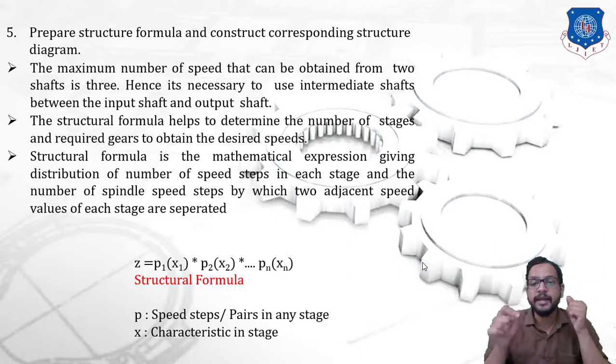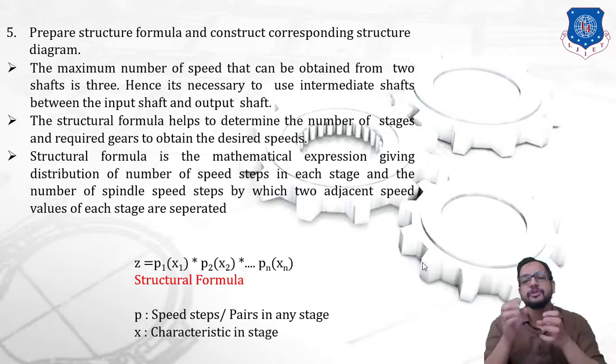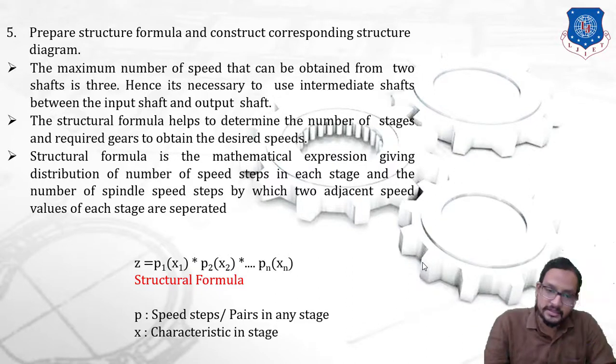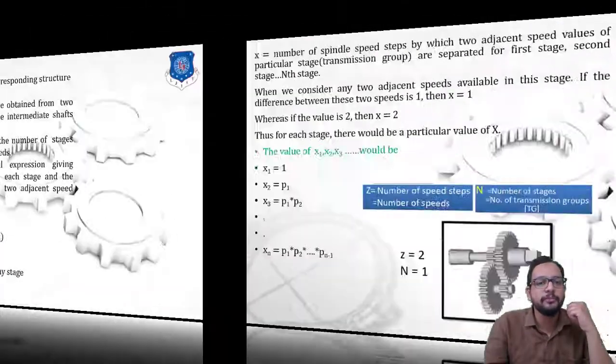Z is equal to P1 raised to x1 into P2 raised to x2 up to Pn raised to xn. So these x1, x2, x3 are the characteristics in a stage, indicating the number of spindle speed steps by which two adjacent speed values are separated. You will get a clear idea about x1, x2, x3 once we solve some numericals and examples. Okay, so let's proceed further.